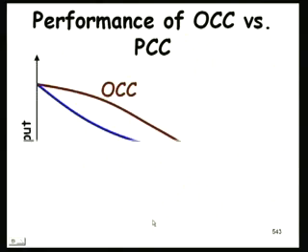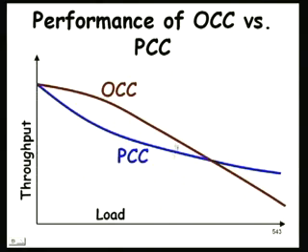Now, let us see how these two protocols, the optimistic and the pessimistic protocols, compare with respect to the load. Under light load conditions, the throughput, the chances of deadline misses, etc., will be better in OCC. See, this is zero load, and there under zero load both are performing similarly.